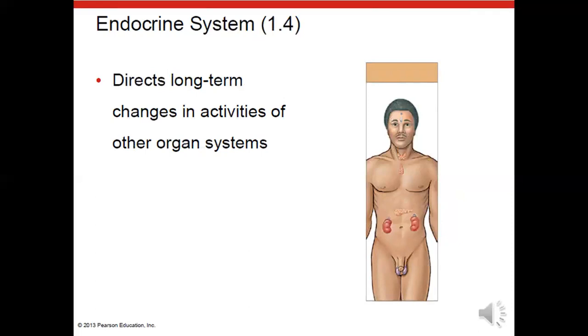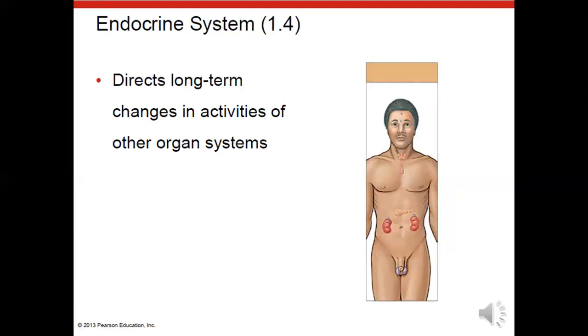It directs long-term changes in activities of other organs by producing hormones. So the organs of the endocrine system are a little bit funky because these organs are organs of other systems as well, like the kidneys, for example. Here, the kidneys are part of what other major organ system?